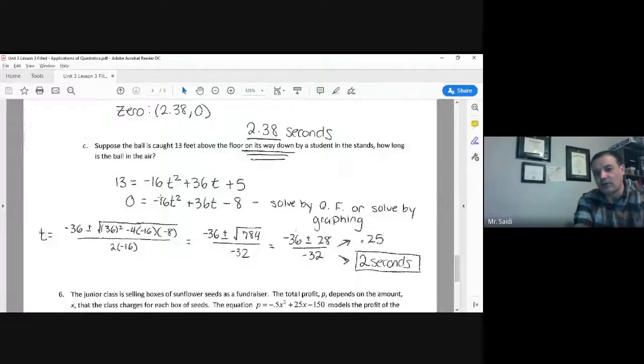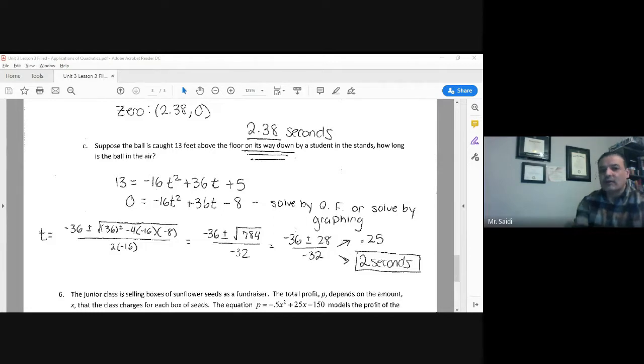So that's how you would graph it and figure that out by putting in decimals. But if you were to solve it, you can use the quadratic formula or factoring, and you'll be able to solve it by hand. If you're looking at the answer sheet here, I solved it using the quadratic formula.